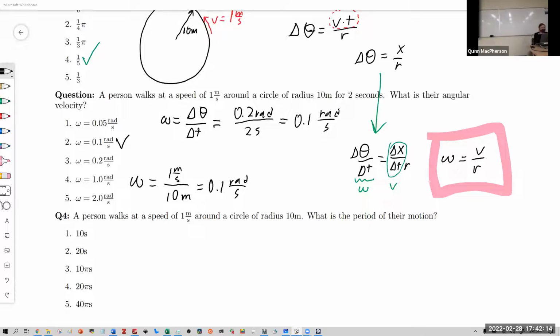Somebody help us out. What's our relationship between period and omega? It's 2 pi.